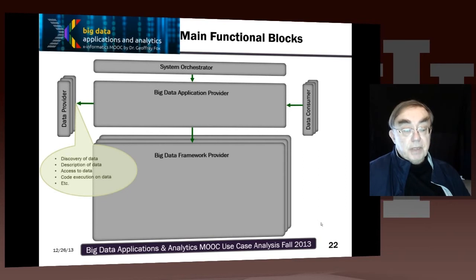So here we have the data provider over here, and then the application provider will probe the data provider to find out about the data, access it, possibly execute code here in the data provider. That's a common database strategy. And if you had a sensor, you often will run processing on the sensor to reduce data volume.